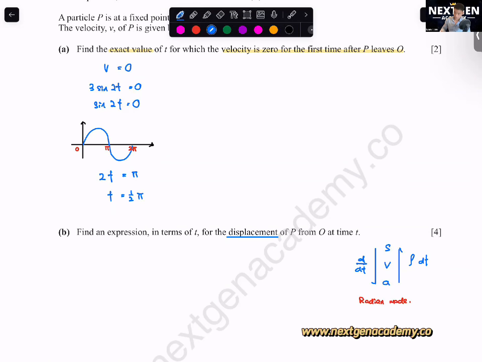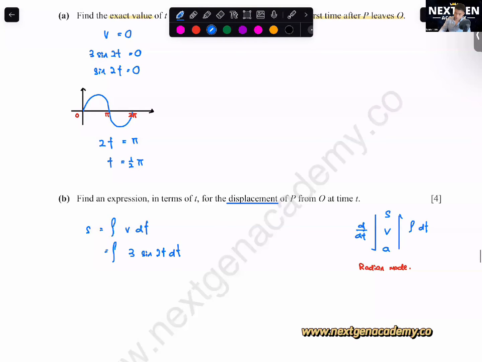So let's integrate v. V is given to you above, so 3 sine 2t dt. How do we integrate this? We can use S, C, negative S, negative C. If I integrate, I am going up. If I differentiate, I'm going down.